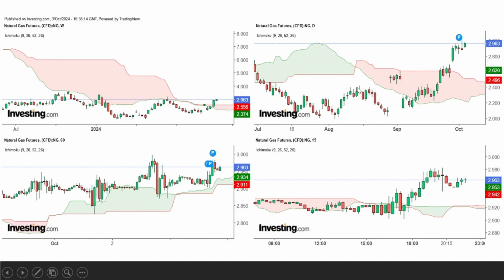Here, if you observe, Senkou Span A crossing the Senkou Span B from bottom to up here. Senkou Span A crossing the Senkou Span B like this. Whenever Senkou Span A is going above the Senkou Span B, it indicates bullishness. So this is how it is going up here, and a little consolidation at this edge.